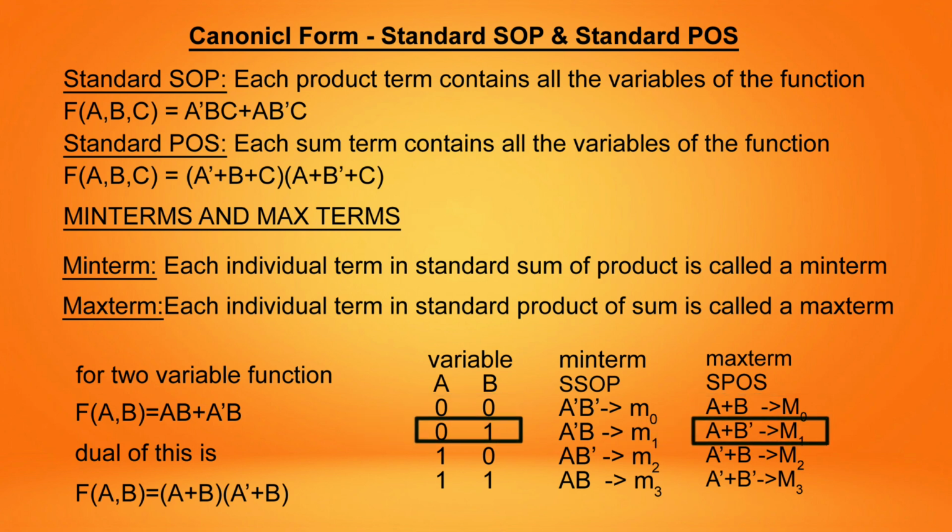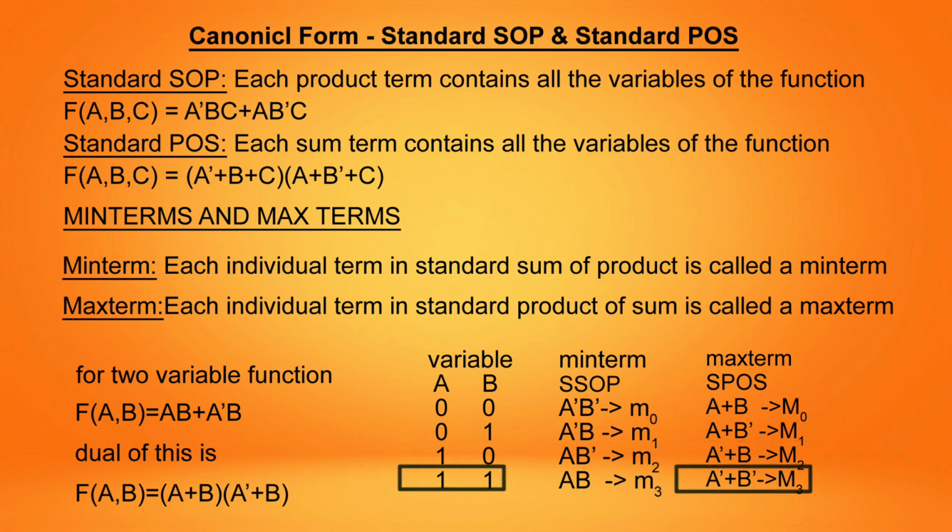And 0,1, the maxterm is a plus b bar, that is M1. Similarly, for 1,0, the maxterm is a bar plus b, that is M2. And 1,1, the maxterm is a bar plus b bar, that is M3. We usually use capital letter M to represent maxterms. So, this is about two-variable minterms and maxterms.